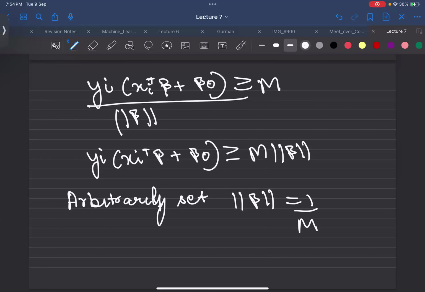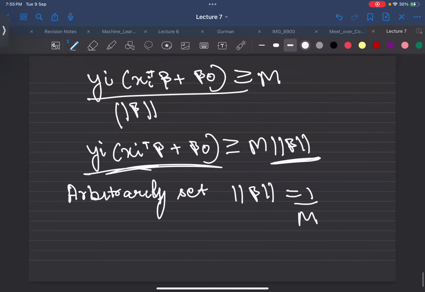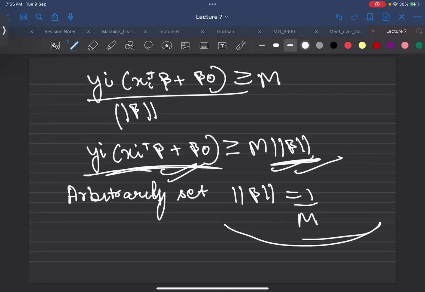If I double this point, this will also double. So just to make it easier, the margin shouldn't be arbitrary. If I'm scaling this, this will also be scaled and the constraint will still be satisfied, so that shouldn't be the case. That's why I'm taking norm of beta equal to 1 by m.